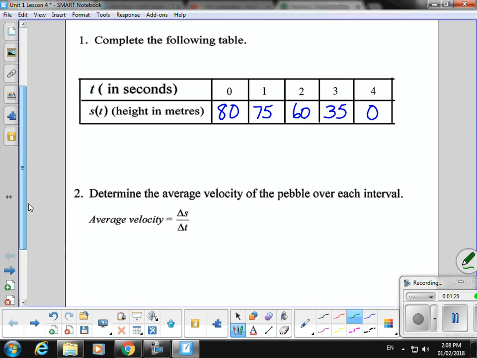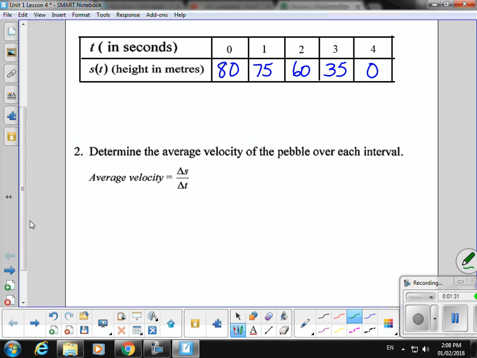So number 2, determine the average velocity of the pebble over each interval. So my velocity is meters per second. So I've got that change in s over a change in t. So I'm going to be looking at the interval from 0 to 1, from 1 to 2, 2 to 3, and 3 to 4, and see that change in velocity.